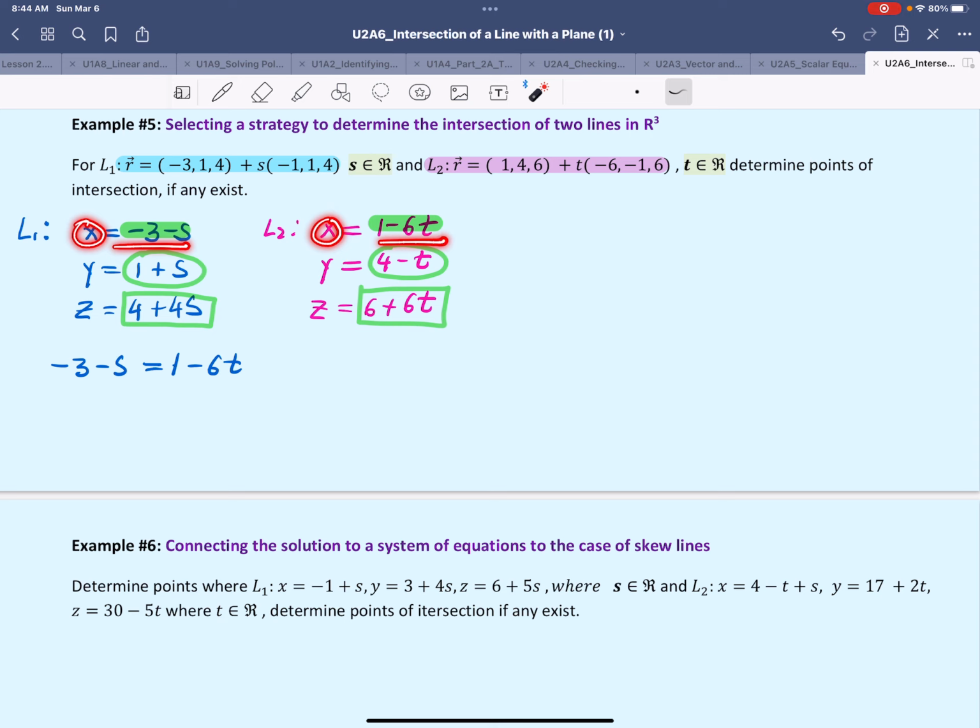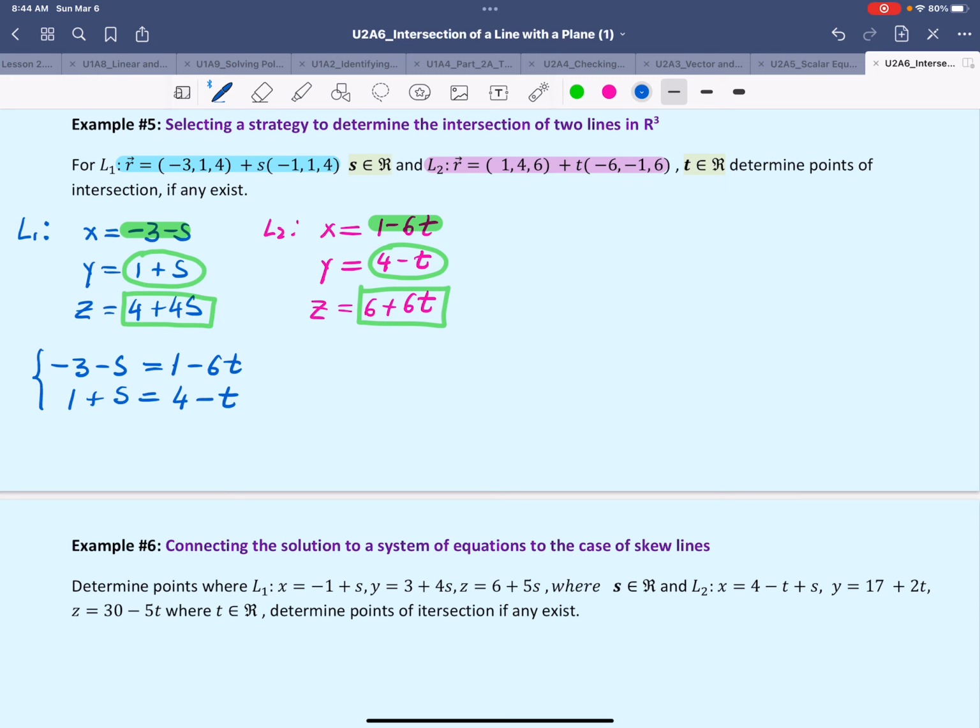So that creates the equation -3 minus s equals 1 minus 6t. Next, I'm going to use the y coordinates, but remember that we can use again any set of coordinates, right? As we said. So we have 1 plus s equals 4 minus t.